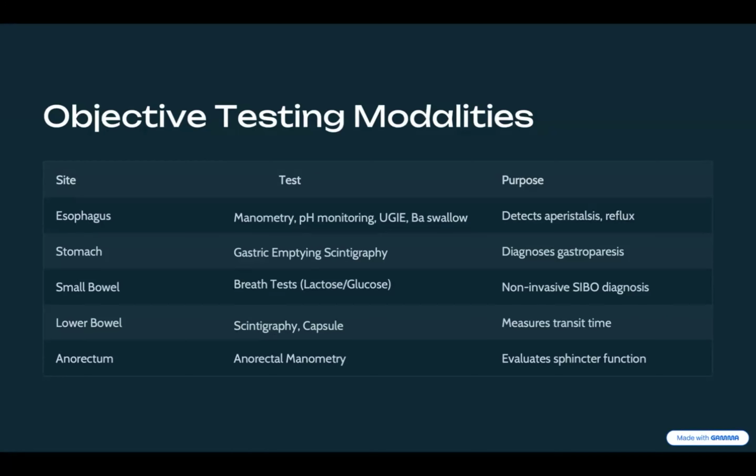If the patient is lactose intolerant, the lactose will not be broken down and absorbed, and will go directly to the distal part where the bacteria are more, and they will utilize this, and you can detect it in your breath test. So lactose breath test for lactose intolerance, and glucose breath test for orocecal transit time and SIBO assessment.